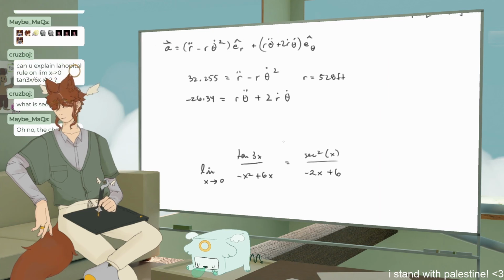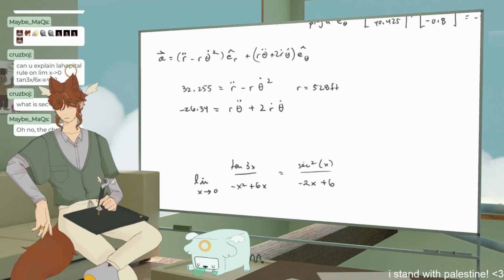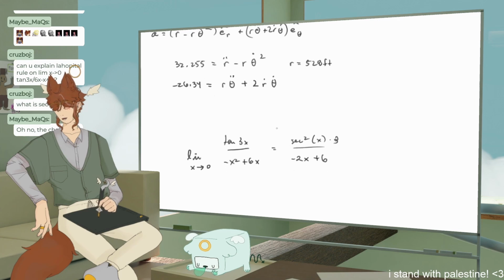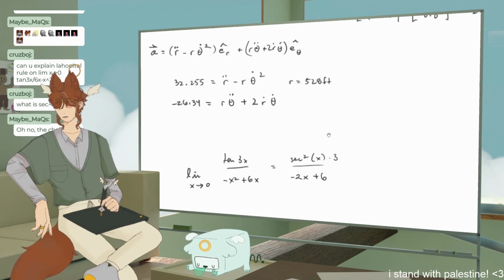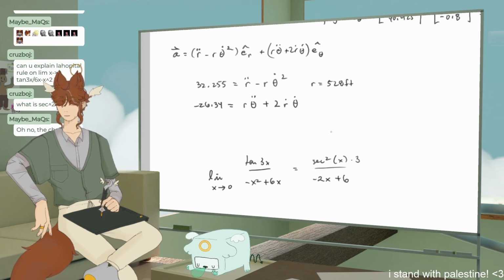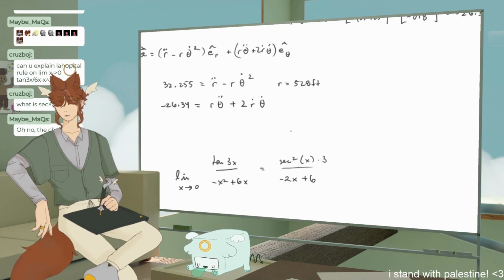Wait a second. Oh no, the chain rule. Oh, yeah, okay, well, wait. Times 3. Shh, I'm math. I can do math. I can do math, I swear. Wait, but as x approaches 0, oh, it'd be 0 over 0, right? Is that what we're getting at? Well, let's tan x on x. Yeah, it'd be 0 over 0. Okay. This was secant. As this approaches 0, this would be 0.